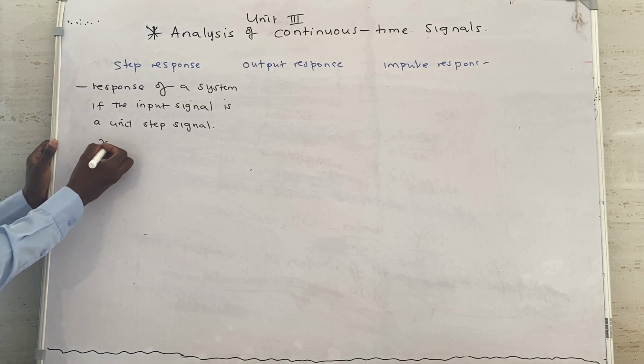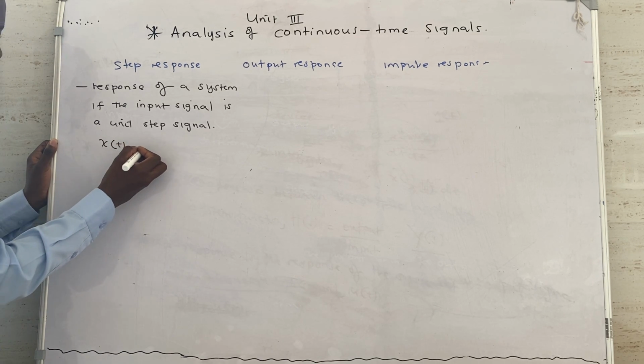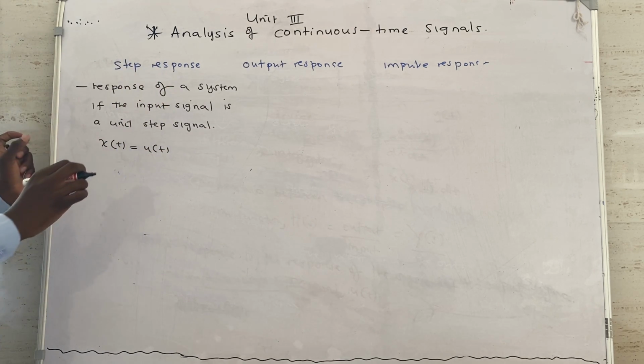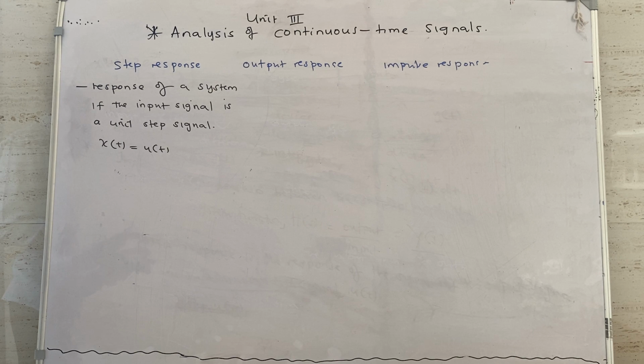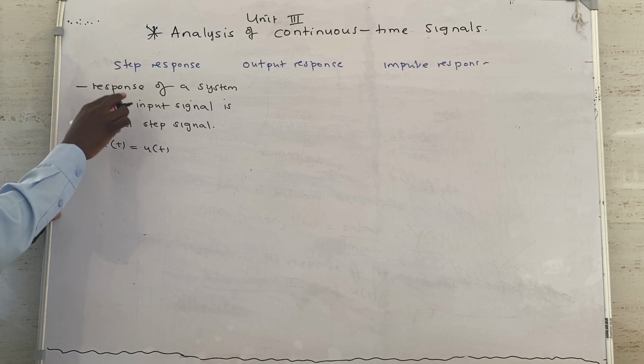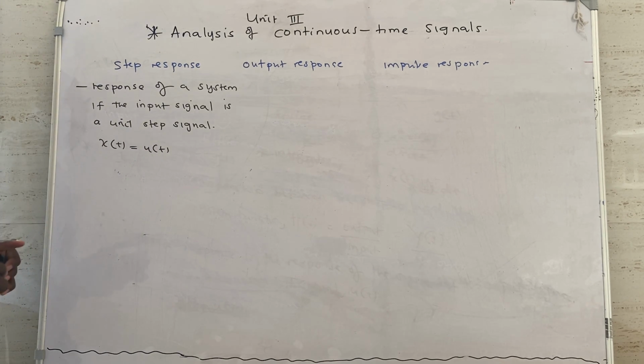So I said x of t is my input signal; if x of t is equal to u of t, then you are calculating the step response of a system.